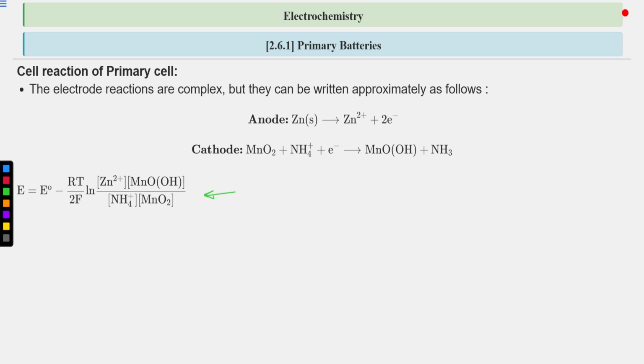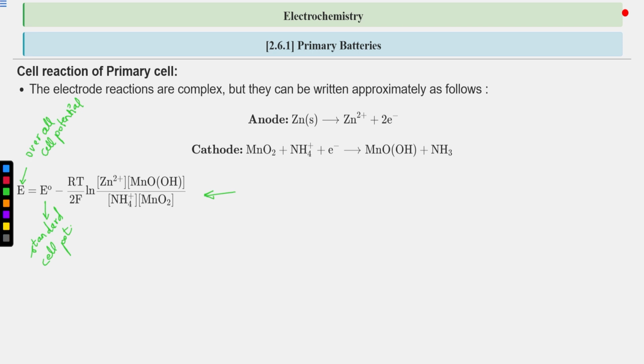So this is the Nernst equation. We have studied this before, and in this, E represents the overall cell potential, and E naught represents the standard cell potential.